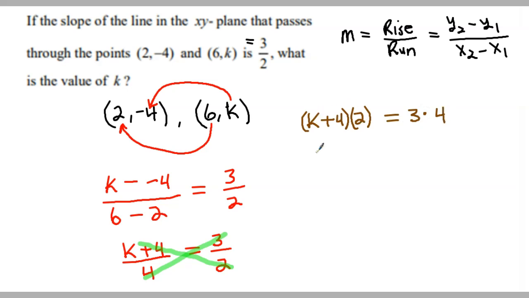You distribute the 2 over the addition, so you get 2k plus 2 times 4, which is 8, and 3 times 4, which is 12.